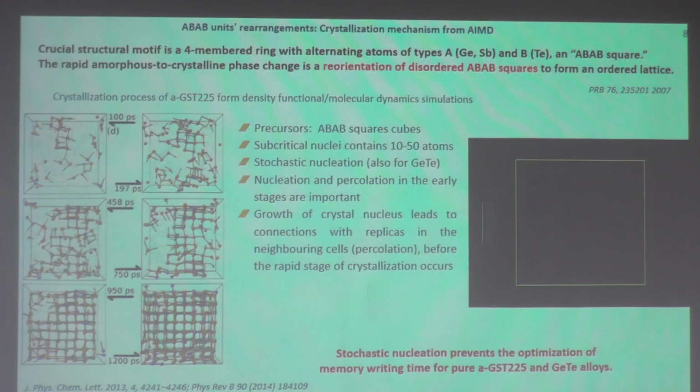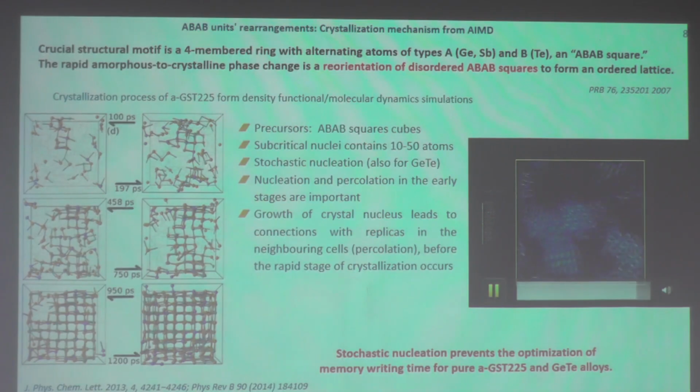So just to get an impression of how it's going on, you see that the system tries to form a nucleus, and as soon as it's formed, it starts to grow. Here we have some nucleus, and as soon as it's formed, the material is crystallizing. But as you can see, this is a stochastic process, and this stochastic nucleation prevents the optimization of memory write time for pure GST and germanium telluride alloy.